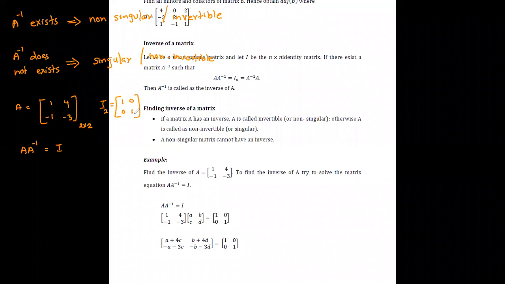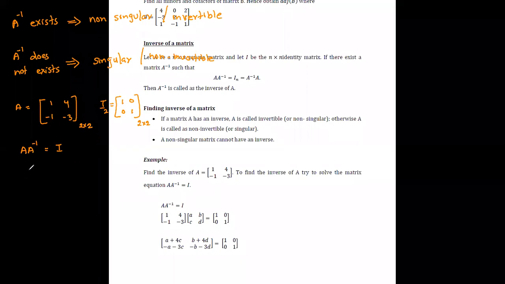So A is a 2 by 2 matrix, and this identity matrix is of order 2.